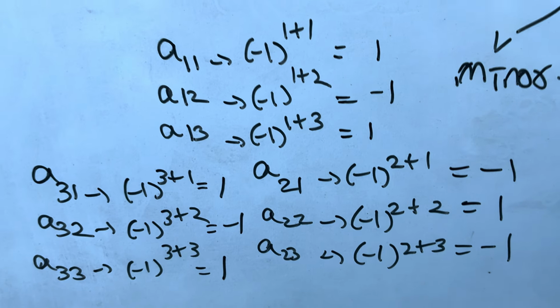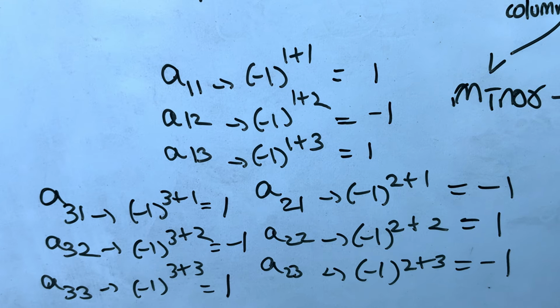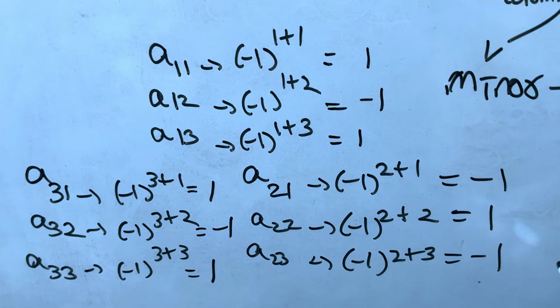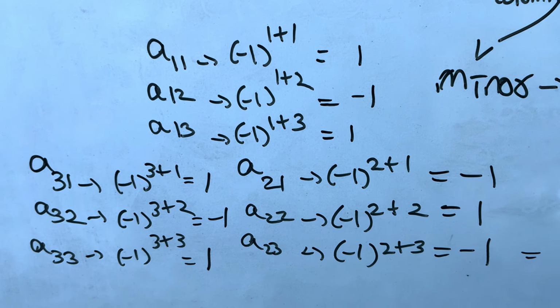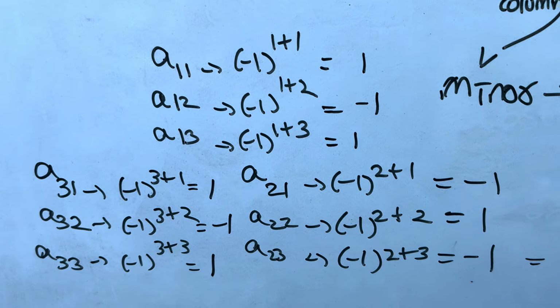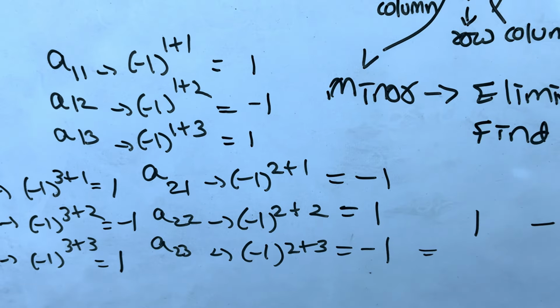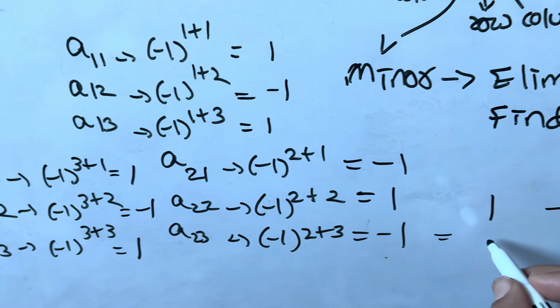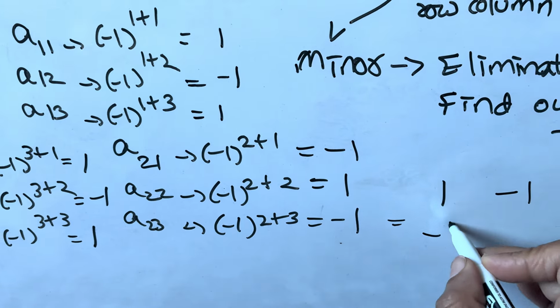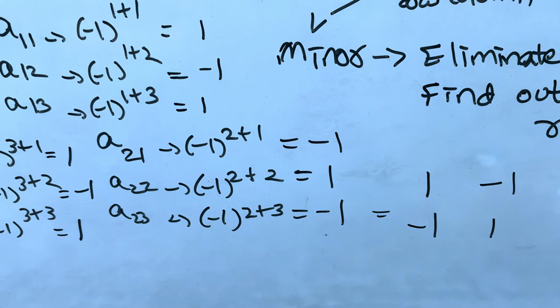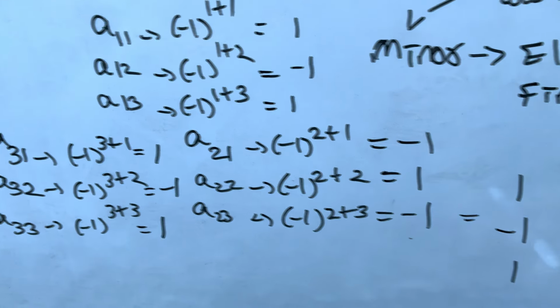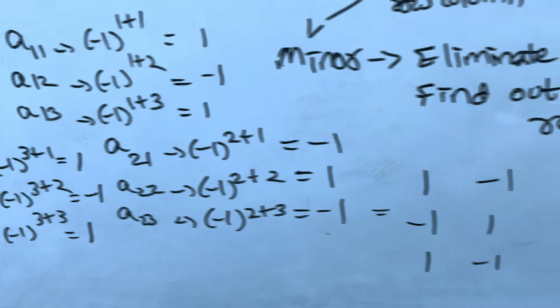So finally the resultant cofactor matrix would be: first row 1, minus 1, 1, and second row minus 1, 1, and minus 1. Third row it will be 1, minus 1, and 1.